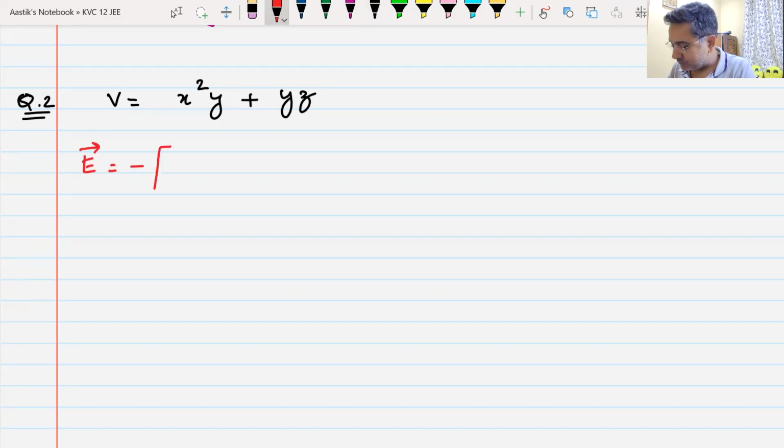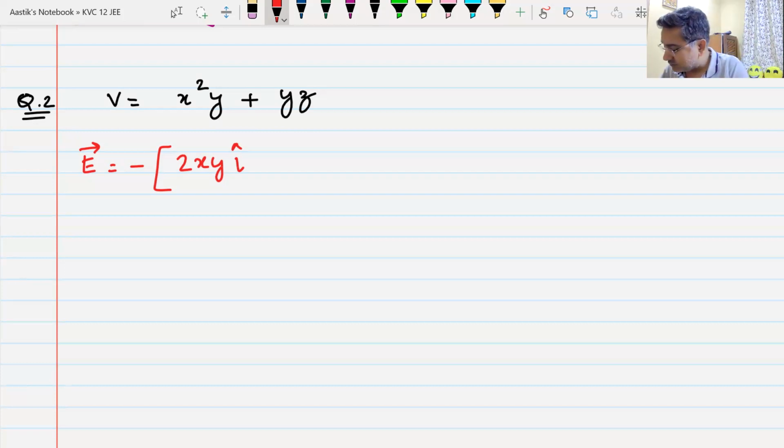That looks better. Electric field is the partial derivative. So I take minus out. Del V by del X. Only X is the variable. Rest all are constants. So the first thing becomes minus 2xy i hat. Everyone understands this? Partial derivative. Then I differentiate this partially with respect to y. Y is the only variable.